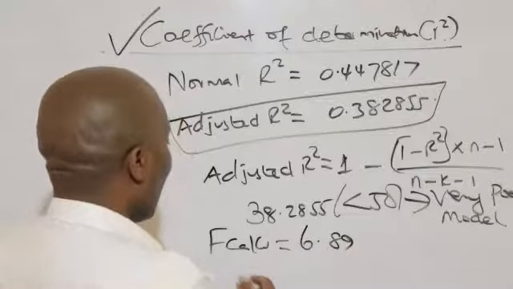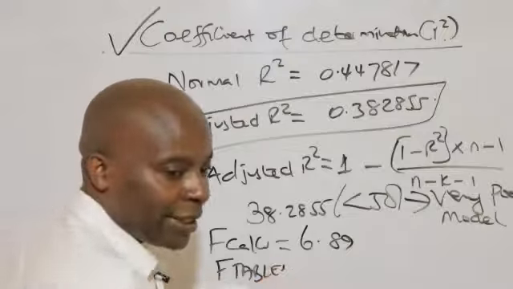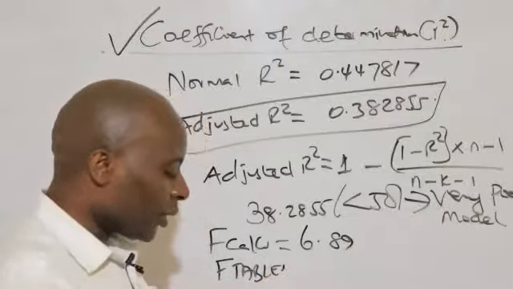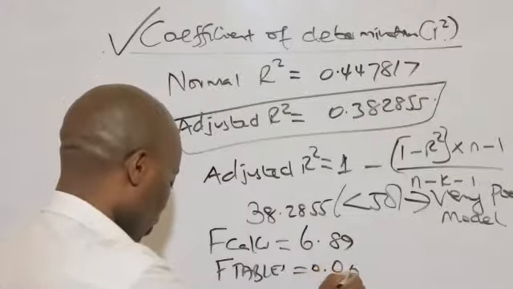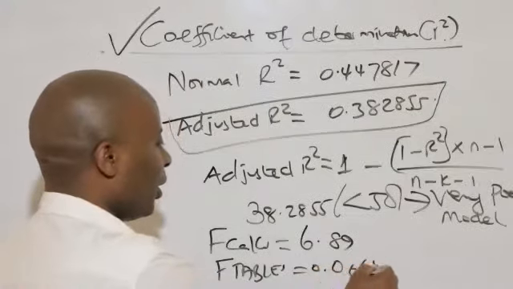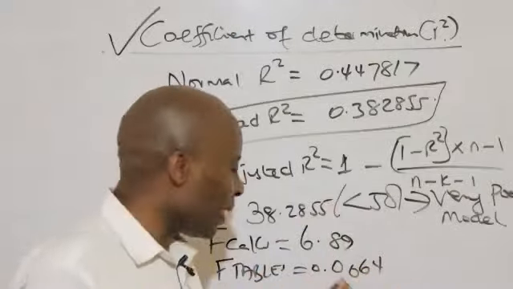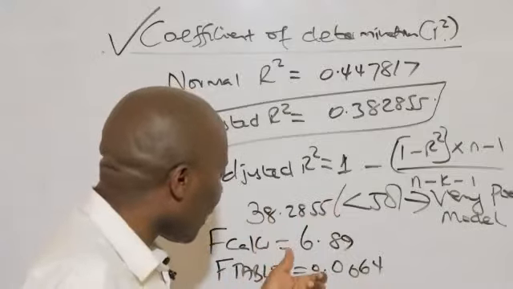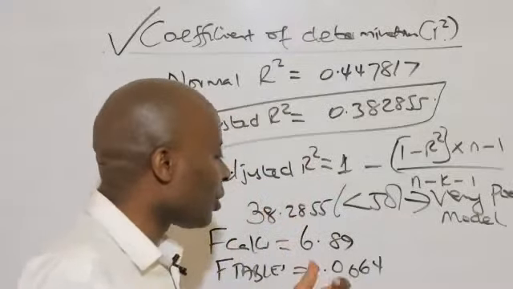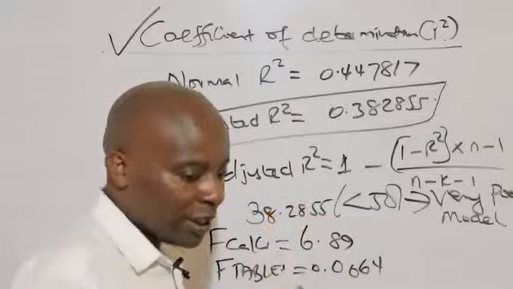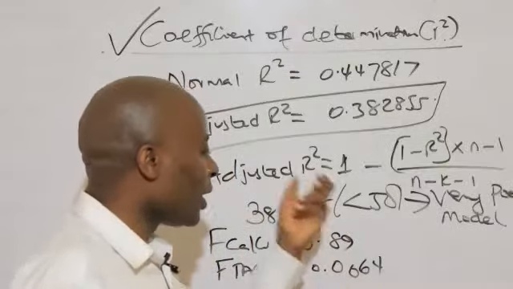And then of course we have the F table's value as given in the column of significance F, which is very small, 0.0064. Ladies and gentlemen, this 6.89 is our calculated parameter, which should always be bigger than the F table's value for us to be able to say that this model is significant.